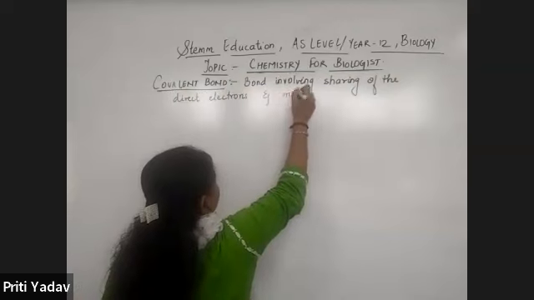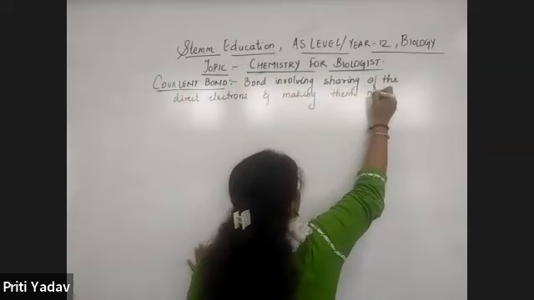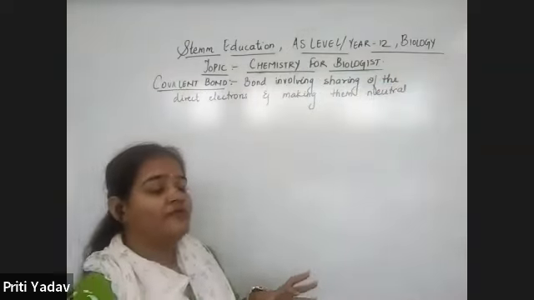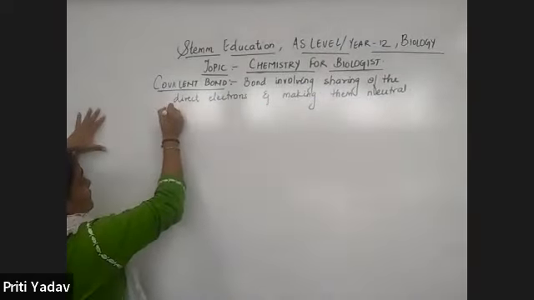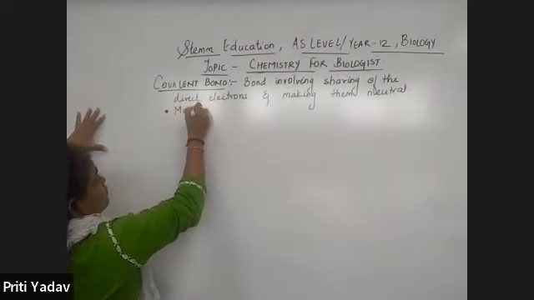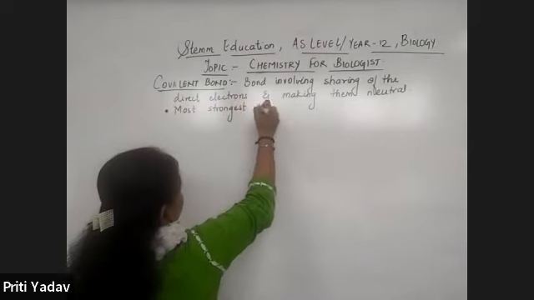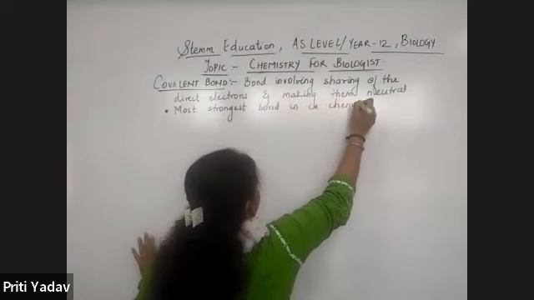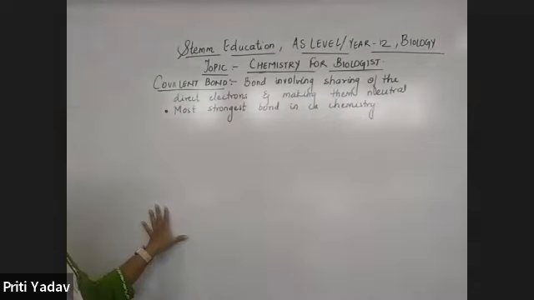And making them neutral so that they do not come apart. This is the strongest bond in chemistry. The strongest bond.